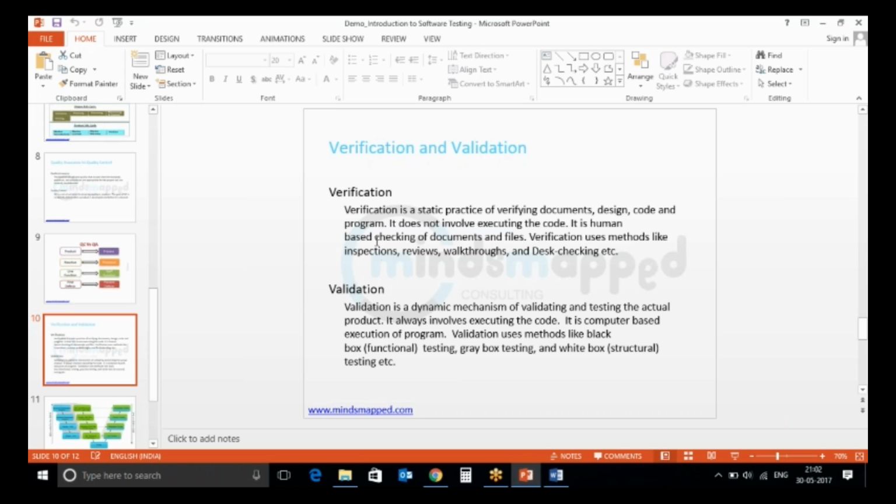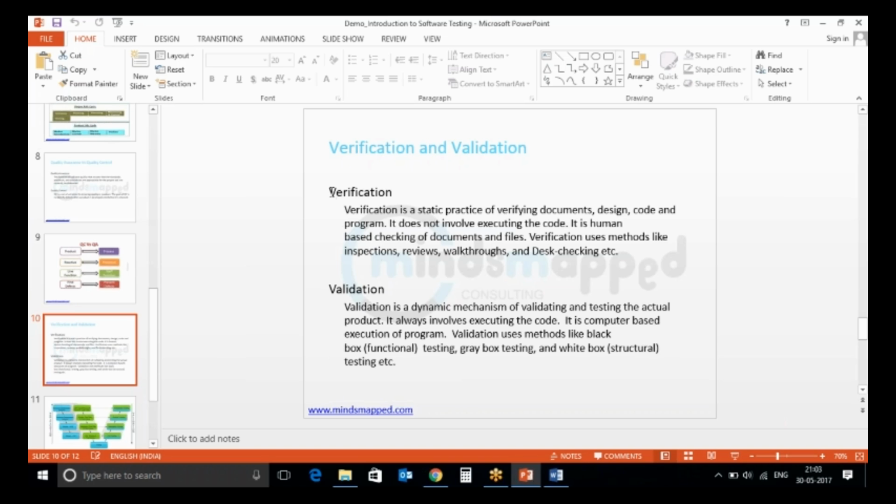Verification uses methods like inspection, reviews, walkthroughs, and desk checking. Validation is a dynamic mechanism of validating and testing the actual product. It always involves executing the code. It is computer-based execution of program. Validation uses methods like black box testing, gray box testing, and white box testing.